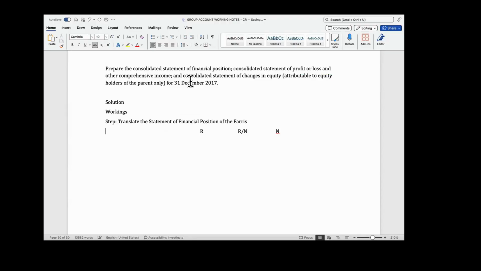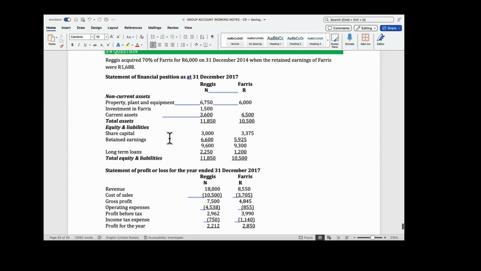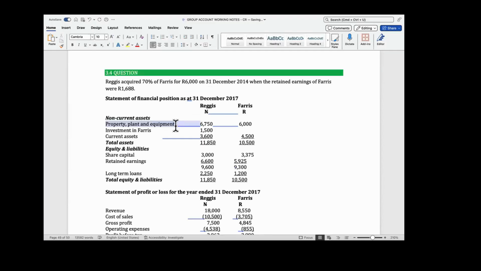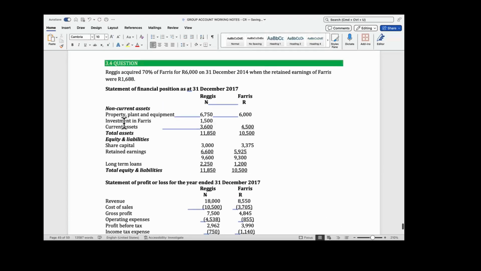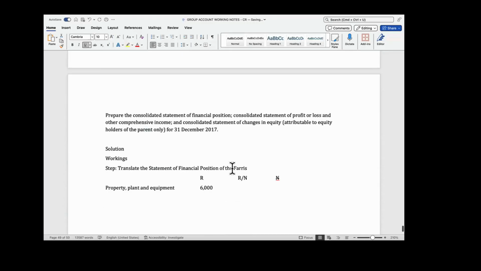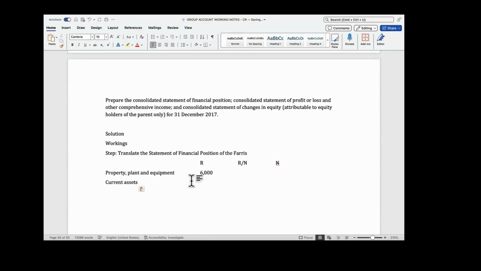What are the items here? PP, 6,000 rand. Investments, nothing here. Current assets, 4,500 rand. And total assets, 10,500.